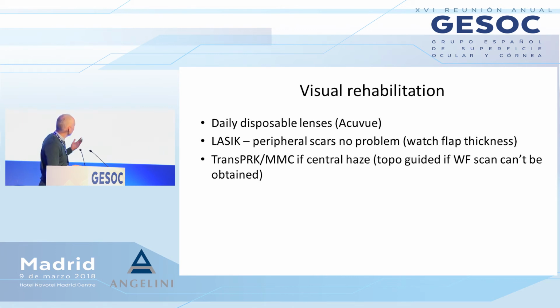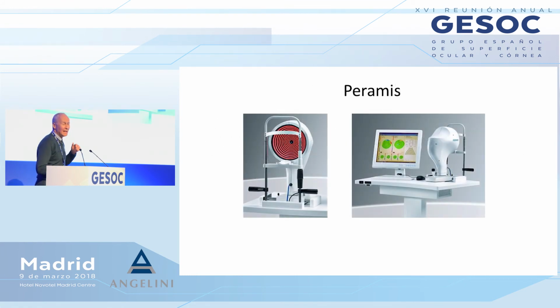And the mantra used to be, if you can't get a wavefront scan, then do a topographic guided treatment. These days, newer aberrometers do not have the problem with spot crossover that Hartmann-Shack aberrometers did have, and pyramidal aberrometers appear to be able to get a wavefront scan even from quite an irregular cornea.